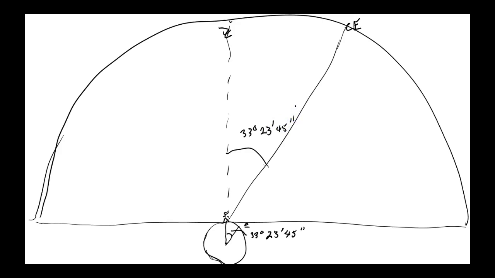Now, the book didn't put that in here. It called that alpha. So you don't need to carry around these numbers. Just think of that as angle alpha.